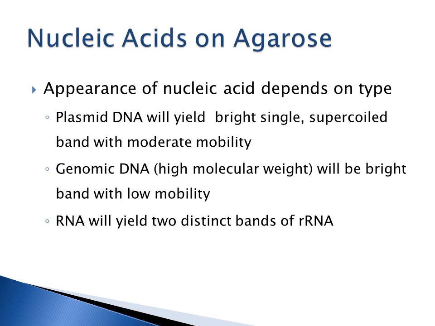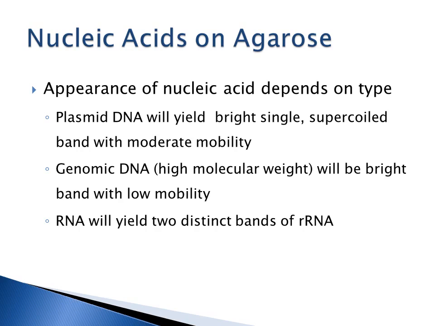And plasmids are commonly used in the laboratory for recombinant DNA technologies. If you were running a plasmid on a gel, you're going to see a nice, bright, single supercoiled band that can move through the gel quite readily, so moderate mobility.